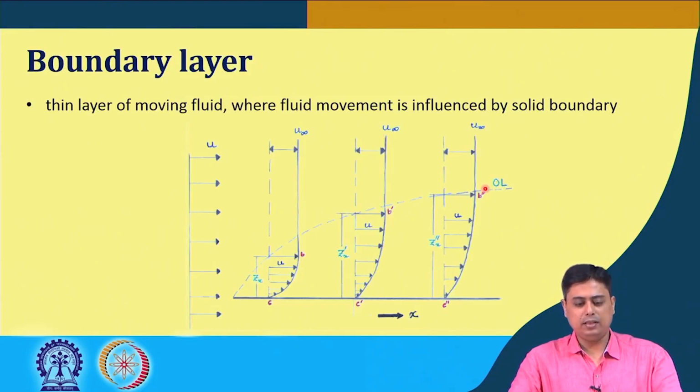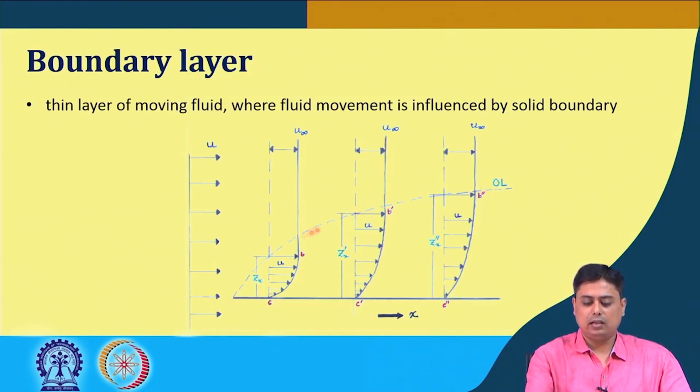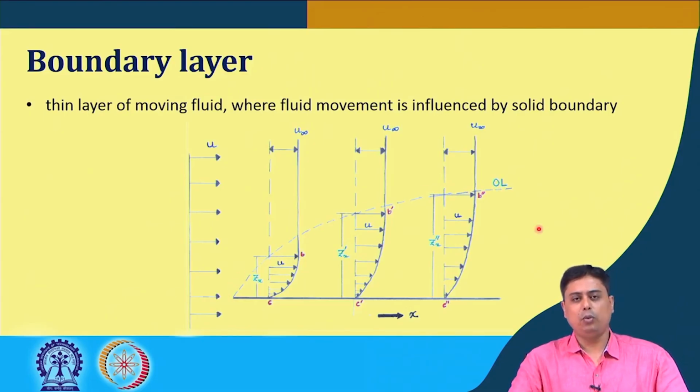This imaginary line divides the flow domain into two segments. In one, the fluid velocity is influenced and gradually changes from 0 near the surface to a velocity close to the bulk fluid velocity, or free stream velocity.